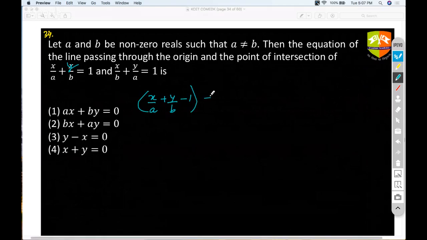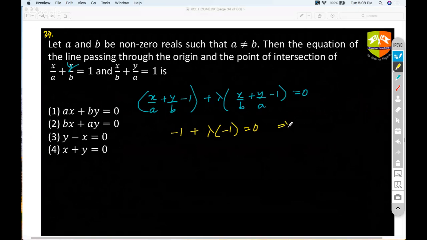It's better to take the concept of family of lines in this case. Okay. And now it is passing through the origin, means the origin would satisfy this. So if you put the value of x and y both as 0, you get lambda value as -1. Okay. So the moment you put lambda value as -1, you get something like this.